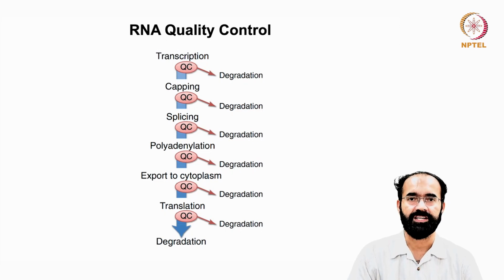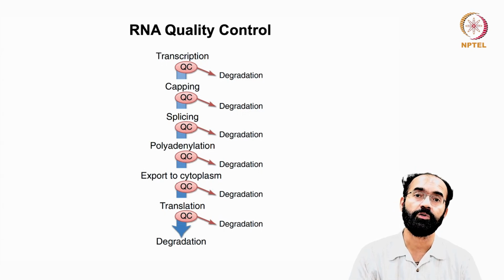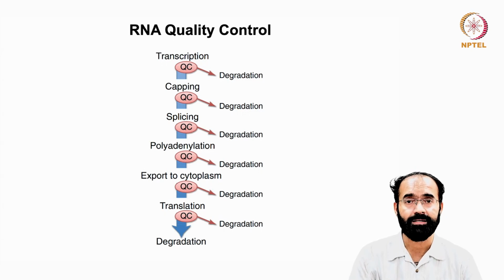So at every stage it has to be marked for quality control mediated degradation. Then comes the case where the RNA was perfect, passed quality control at every stage and did its job. Still, that doesn't mean that RNA is eternal.